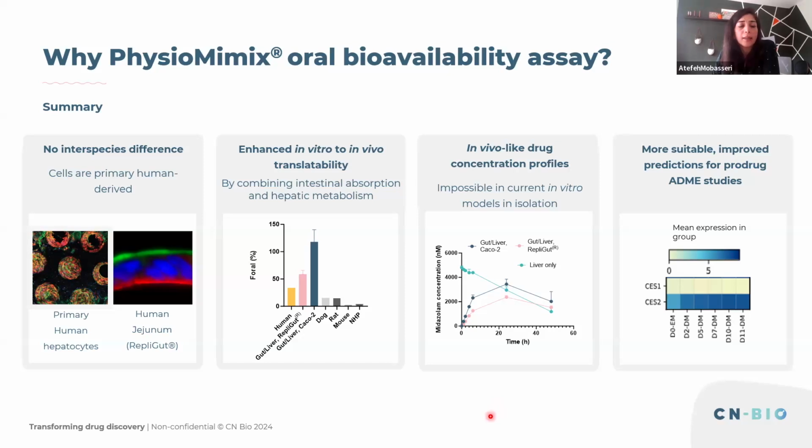We can look at how this drug behaves and interacts with both gut and liver. And on top of that, for some compounds like prodrugs, this would be an improved way to profile bioavailability in vitro.